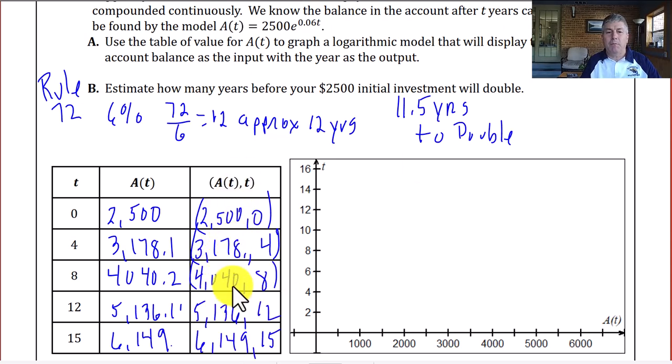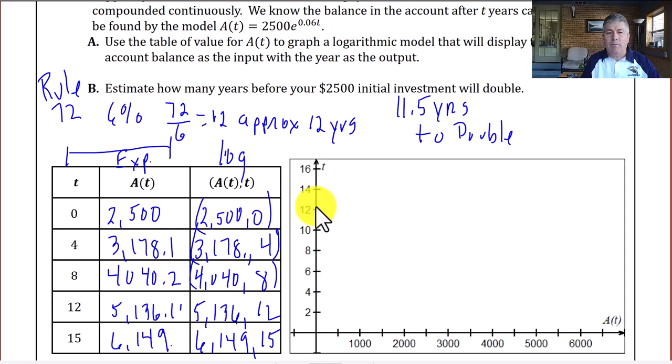So I've completed my inverses and finished off those ordered pairs. Now we want to graph a logarithmic model that will display the account balance. These are the inputs for our logarithmic model, and these would be my inputs for the exponential model for PERT, so I'm going to flip all of these. You can see our x's and y's on our table have flipped.